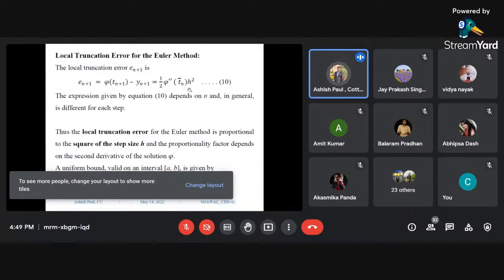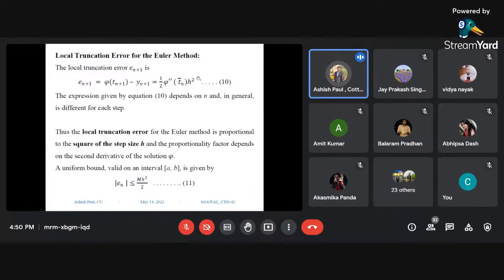Okay, so the local truncation error for Euler's method is of order H2, and the global truncation error, this one.